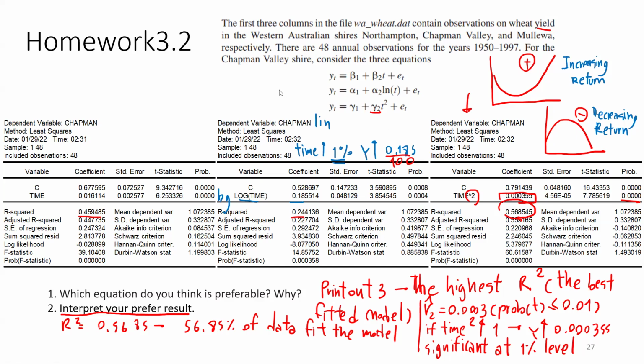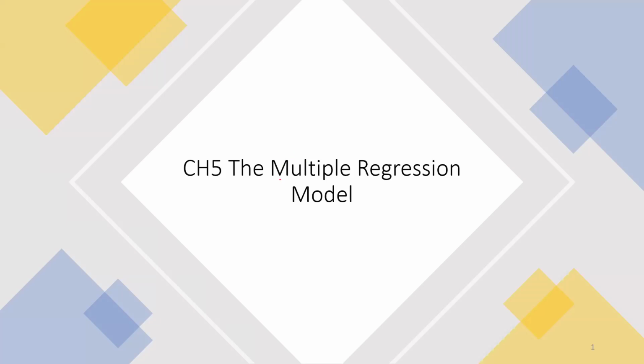Then I will quickly review what we have learned so far before we start a new chapter. The multiple regression model. So multiple means we allow more than one x, more than one explanatory variable.